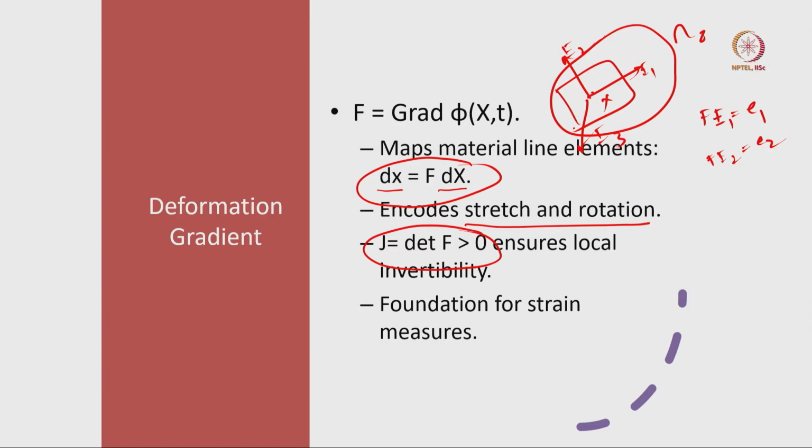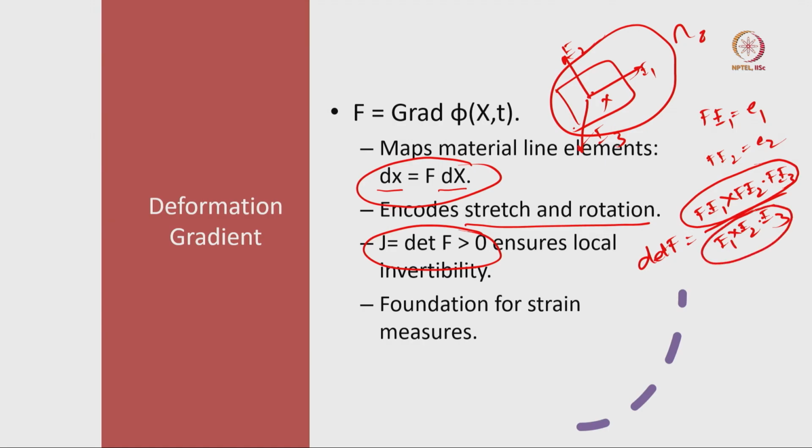And then what does determinant F do? This determinant F is nothing but F E1 cross F E2 dot F E3 divided by E1 cross E2 dot E3. That is the definition of the determinant of a matrix. The numerator tells you the volume enclosed by these small vectors e1, e2 and e3, whereas the denominator is the volume enclosed by capital E1, E2 and E3, which is 1 in this case.